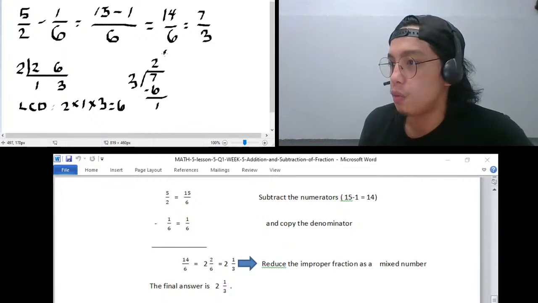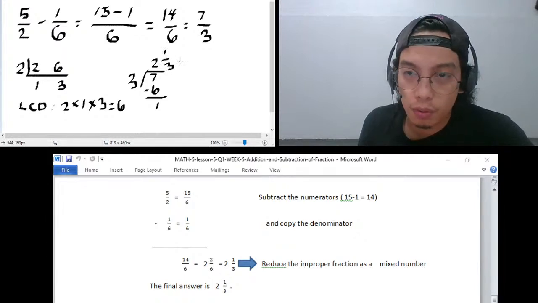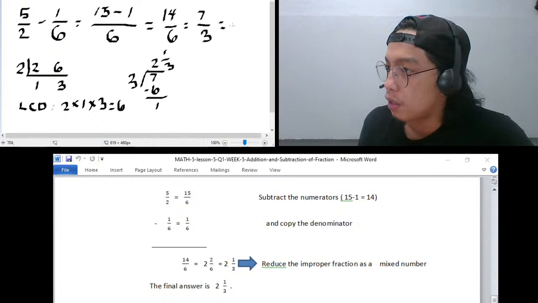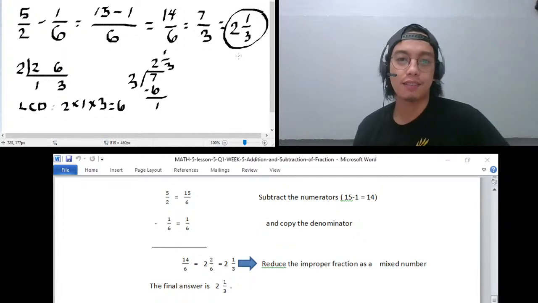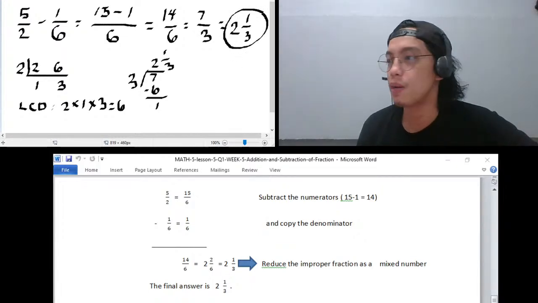So, 2 and 1/3. That's correct. 2 and 1/3. That is the answer, which is the answer of the module as well.